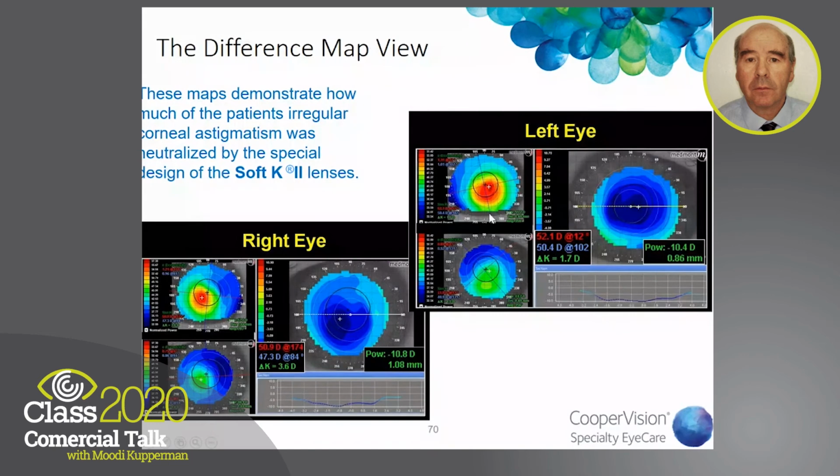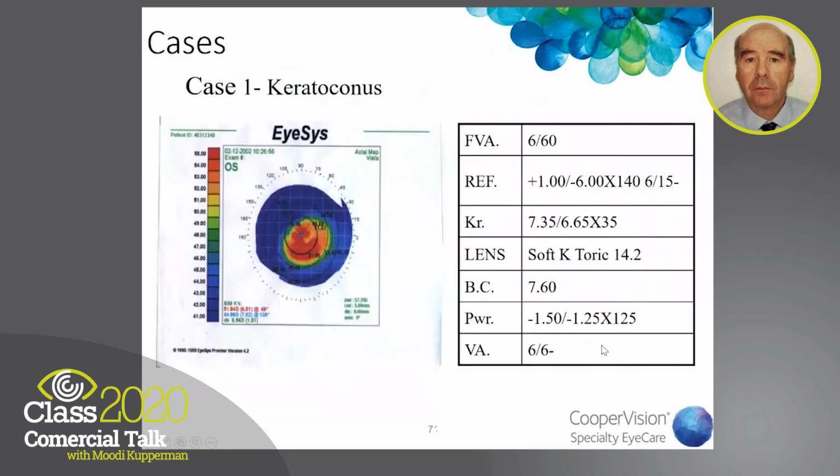What we can do is take the topography before the lenses and the topography with the lenses, and calculate the difference between them, and we find that we have a very nice curvature change that allows us to see that the astigmatism now is very, very small, and the patient can have a very nice vision with these lenses.